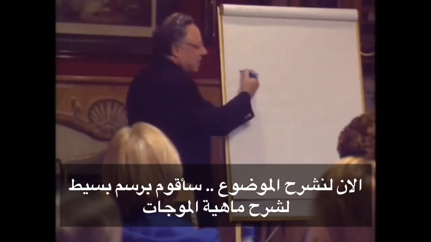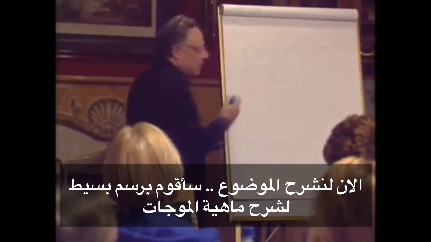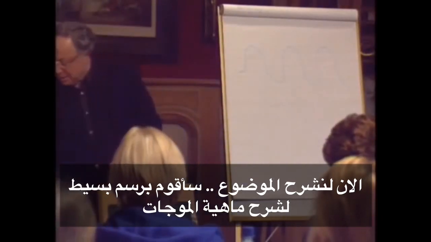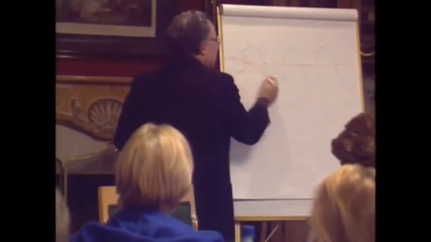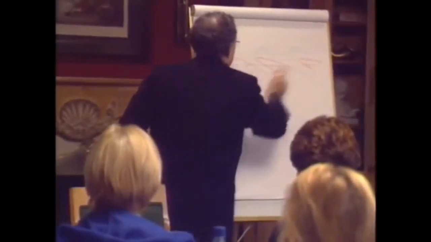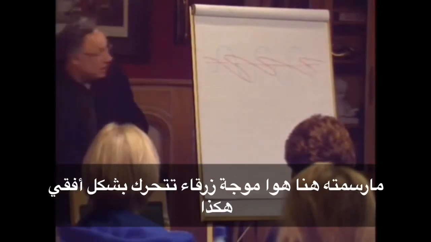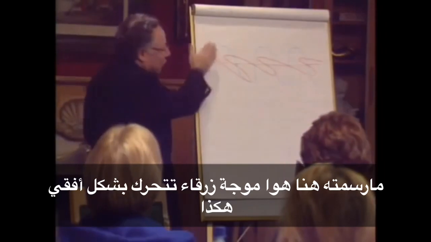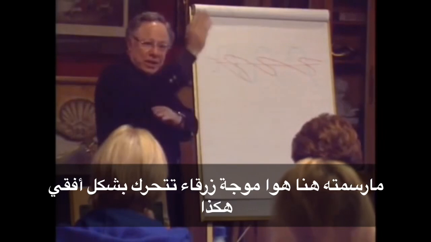We'll do some simple explanation of waves. Now, here, what I've drawn here is a blue wave moving vertically like this, okay?